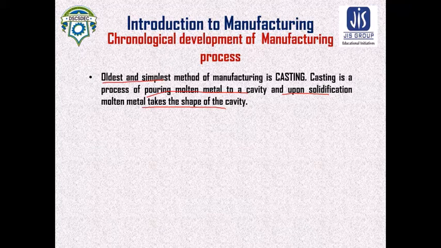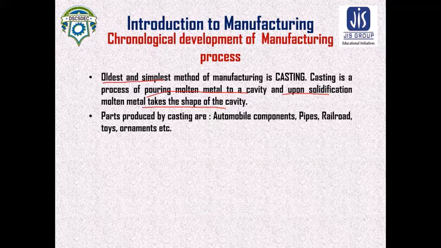So casting means pouring molten material, and upon solidification it takes the shape of the cavity. It was practiced in the early age of humankind and is practiced till now, with some modification.